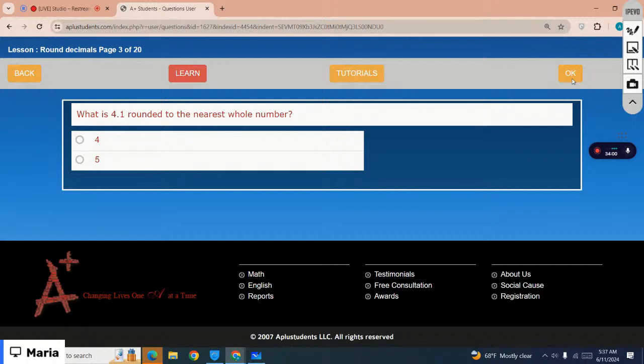What is 4.1 rounded to the nearest whole number? So which is the correct option?